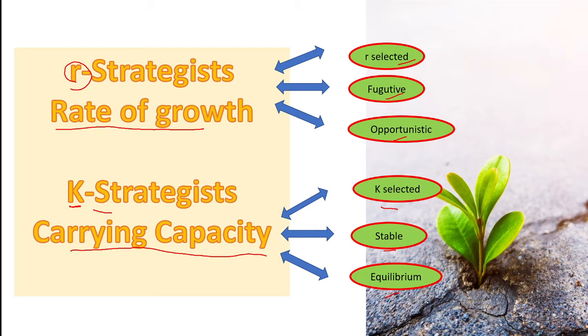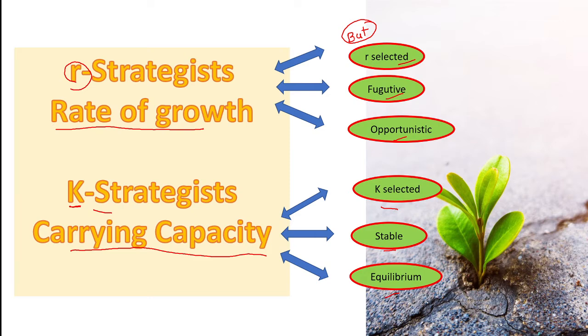Now, though we say that there are two strategies, one is the R and the other one is the K, you have to always remember that there are no organisms that are completely R selected or completely K selected.